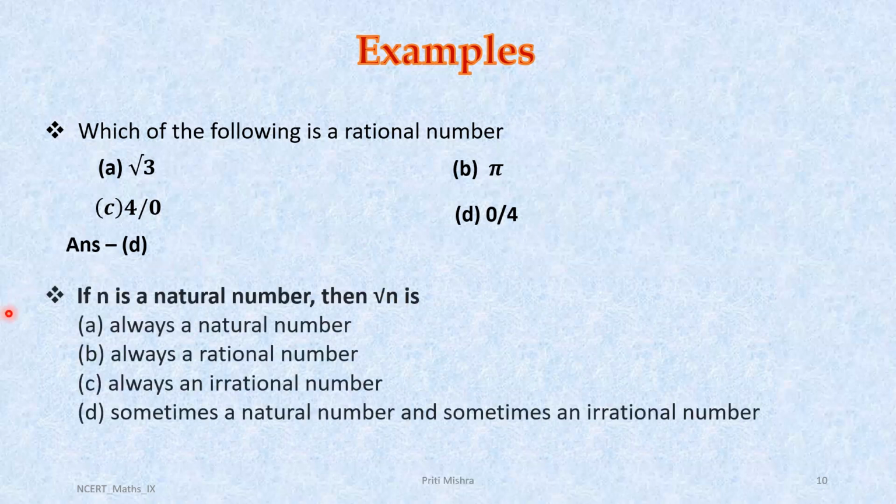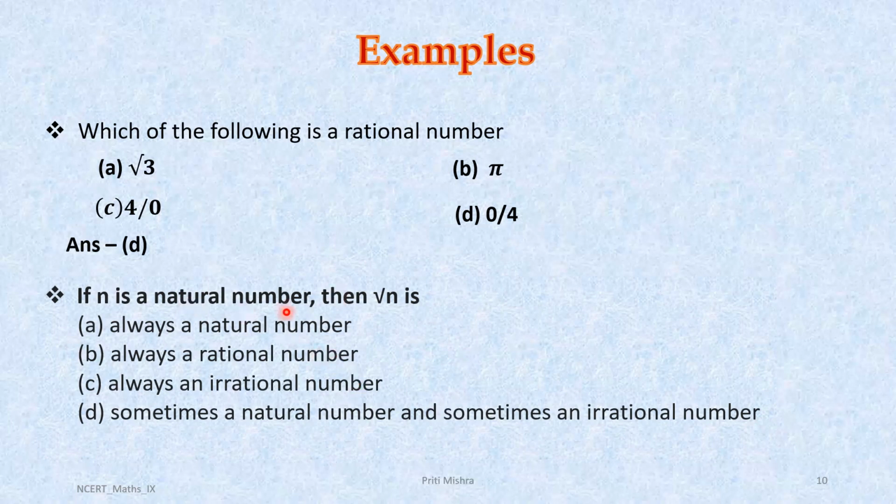Next question, if n is a natural number, then square root n is always a natural number, always a rational number, always an irrational number, or sometimes a natural number and sometimes an irrational number. Here we are having 4 options and we have to identify which one is true.